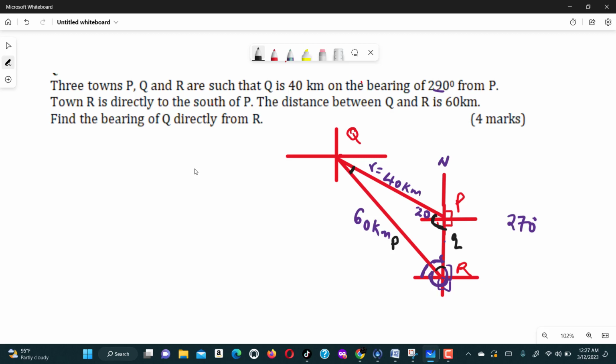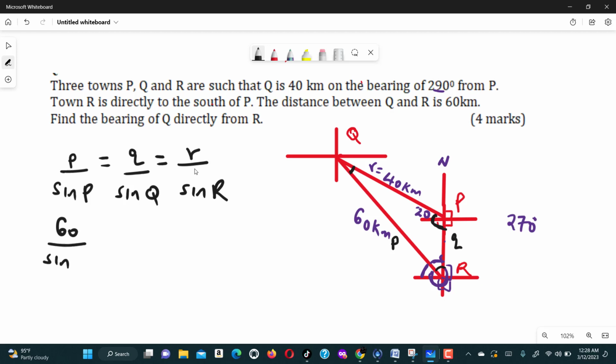The sine rule states that p over the sine of angle P is equivalent to q over the sine of angle Q, which is equivalent to r over the sine of angle R. So p is this side, which is 60 kilometers, and then we find the sine of angle P. So angle P is 20 plus this 90. 90 plus 20 gives us 110 degrees.